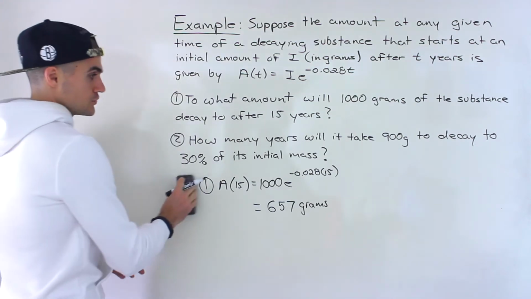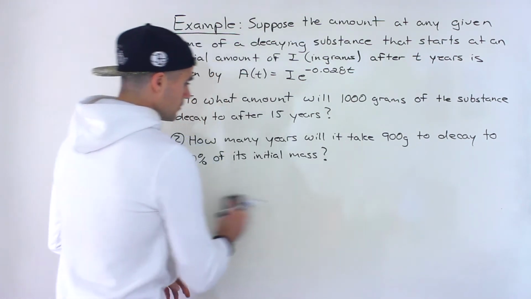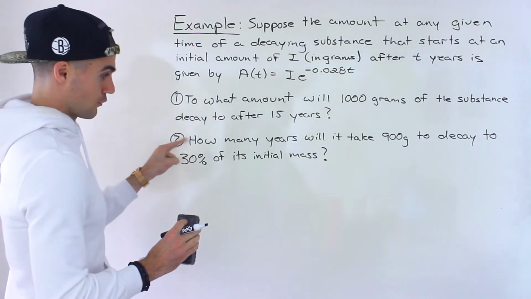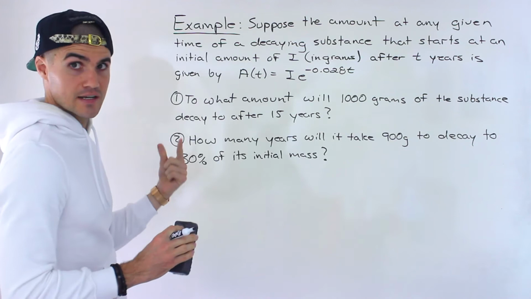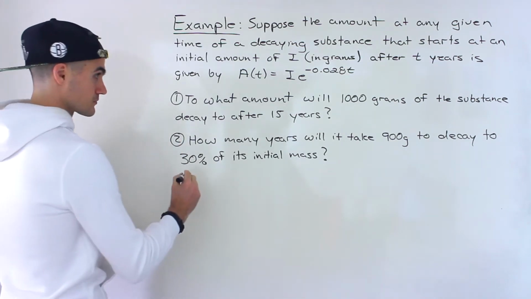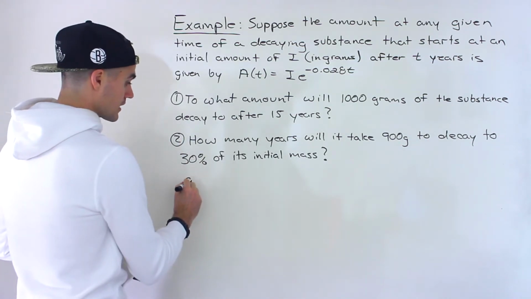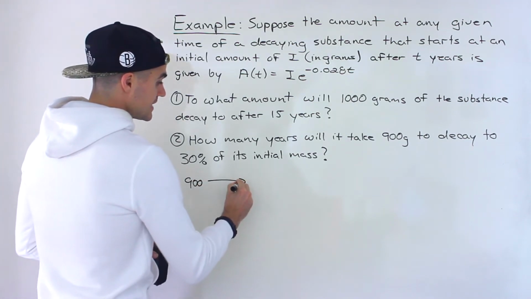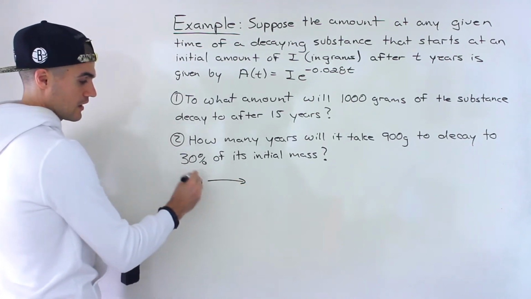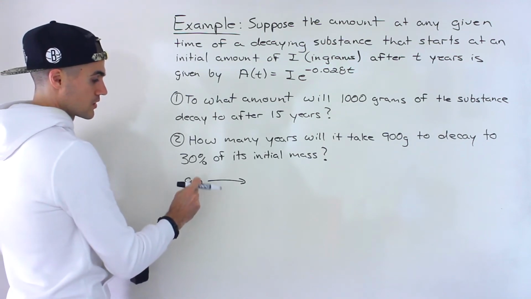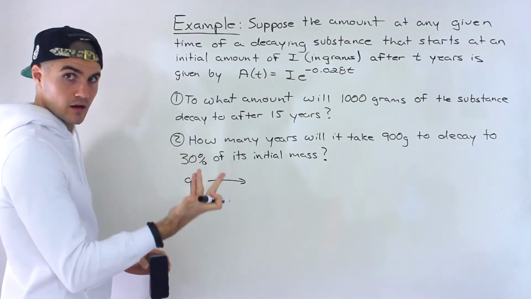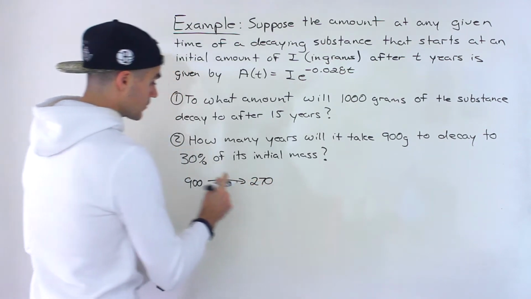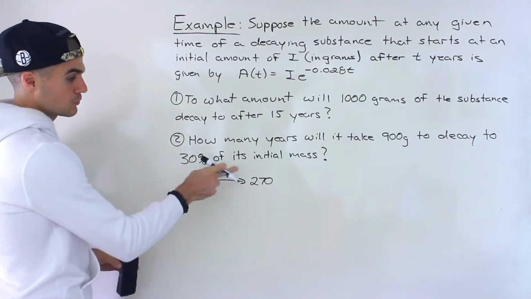And then number two, it's a little bit more complex. So how many years will it take 900 grams to decay to 30% of its initial mass? So notice how it's starting at 900 grams, and then it's decaying to 30% of that initial amount. So 30% of 900 would give us 270, right? 0.3 times 900 would be 270.